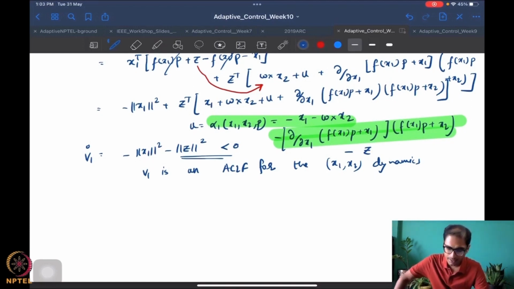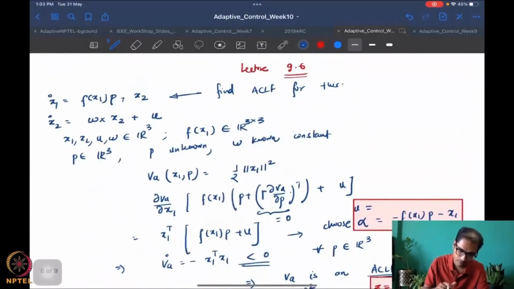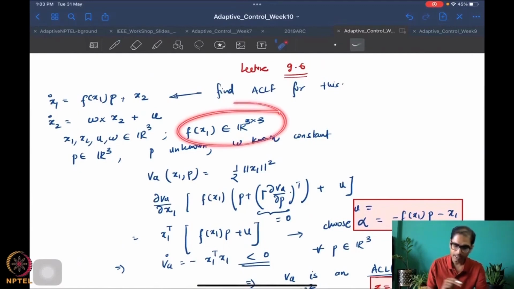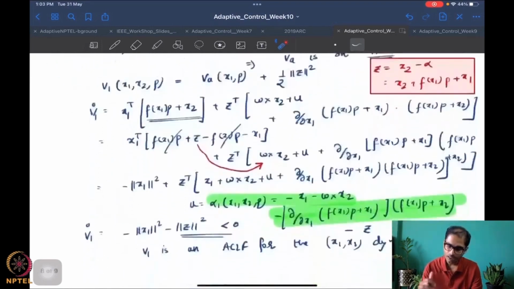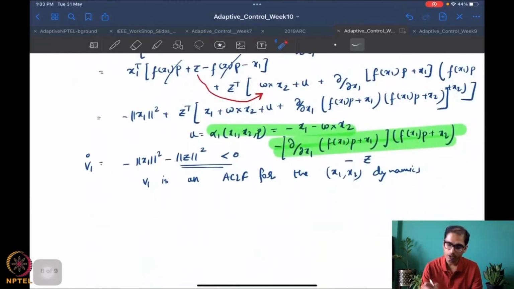There's a little bit of complication here, because we have vector control. If you look at this f(x1), it was a matrix. That is why I have to think carefully before taking a Jacobian of this, because I have to take the partial of a matrix with respect to x1.